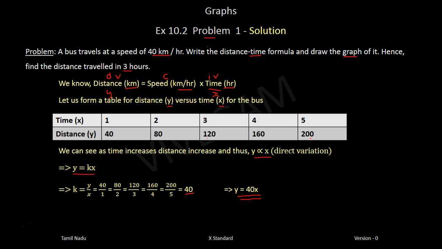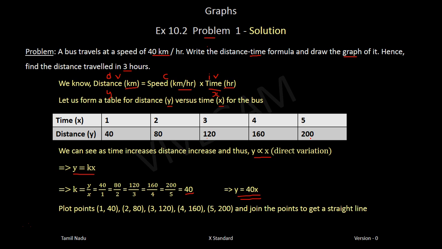Okay, so let's see that here. I think the scale is 1 centimeter equal to 20 units or 40 units. If you make it 40, it will become too small. If you make 1 centimeter equal to 20 units for the y-axis, it will be reasonably good. The next thing is that you will have to put all the points together. So this is x and y. The points are (1, 40), (2, 80), (3, 120), (4, 160), (5, 200).